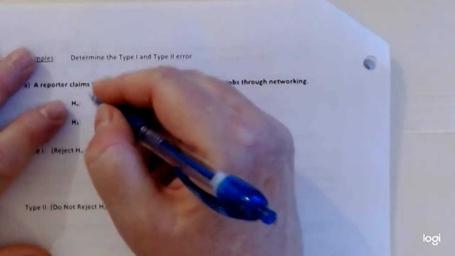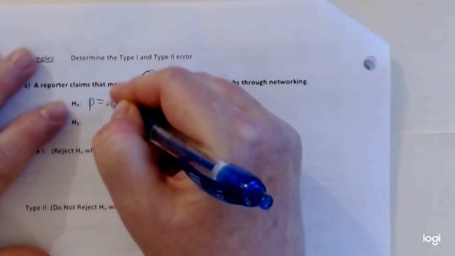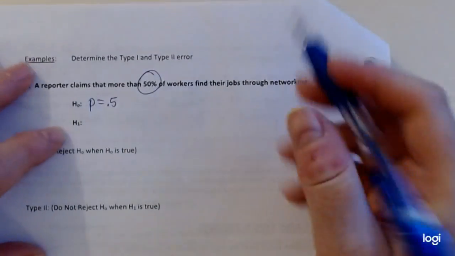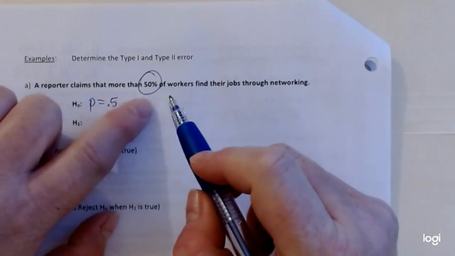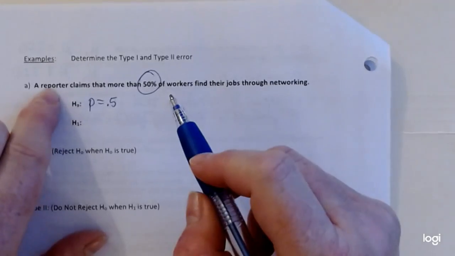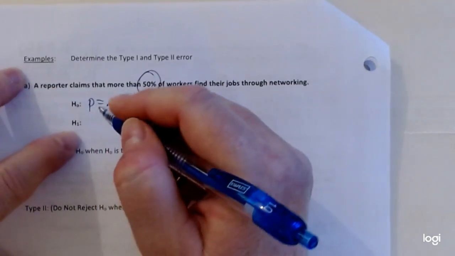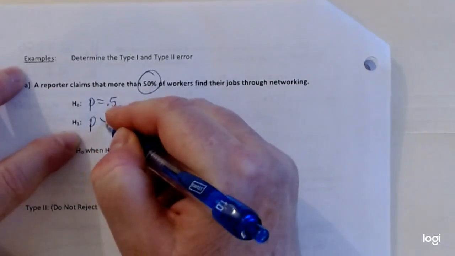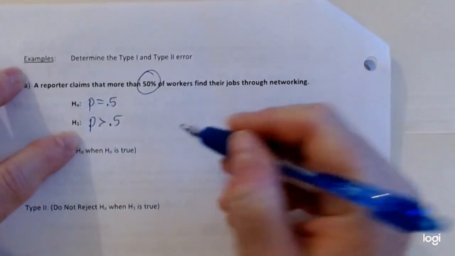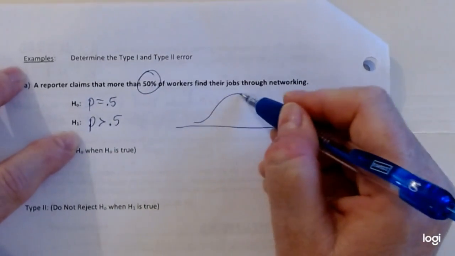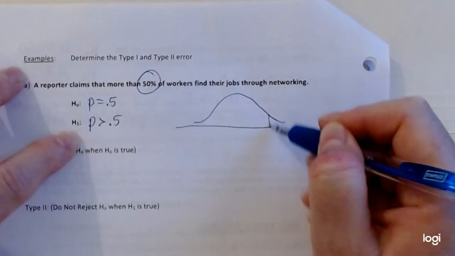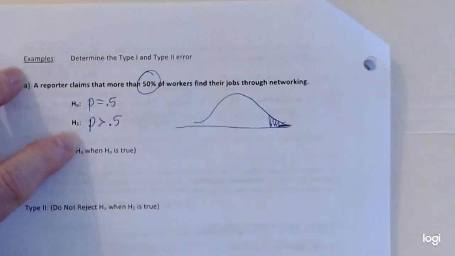So the null hypothesis would be that P equals 0.5. And this says that more than 50%, this is the claim. So the claim, the alternative hypothesis is P is greater than 0.5. And we've got greater than is up here in this right tail.